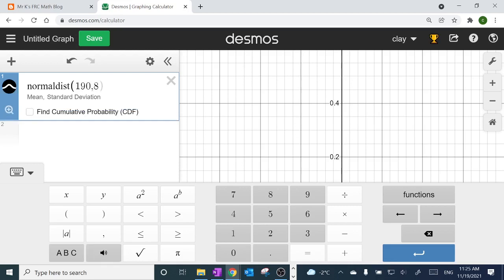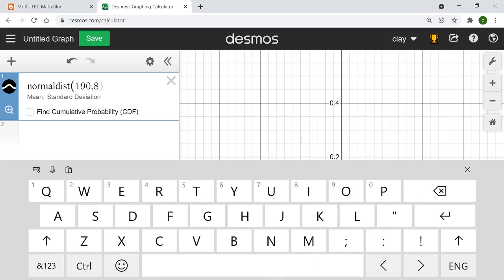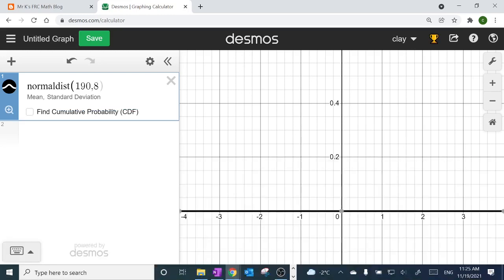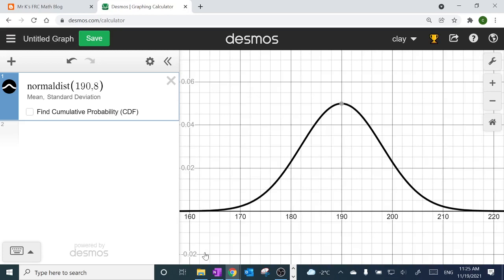You might be going, well, where did my graph go? Well, now that my mean isn't 0, the graph moved way over to the right. It moved over to 190. Again, click on zoom fit and it'll find the graph for you. It just moved over to 190.